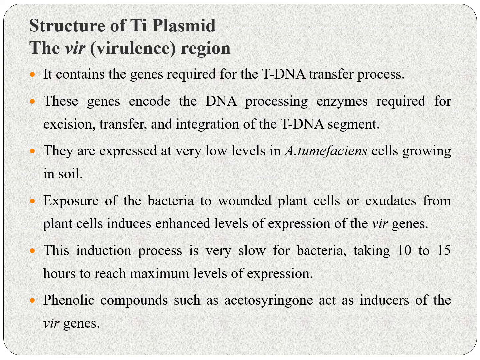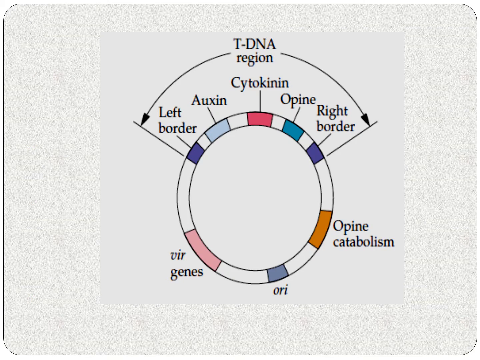Exposure of the bacteria to wounded plant cells or exudates from plant cells induces enhanced levels of expression of the virulence genes. This induction process is very slow for bacteria, taking 10 to 15 hours to reach maximum levels of expression. Phenolic compounds such as acetosyringone act as inducers of the virulence genes.